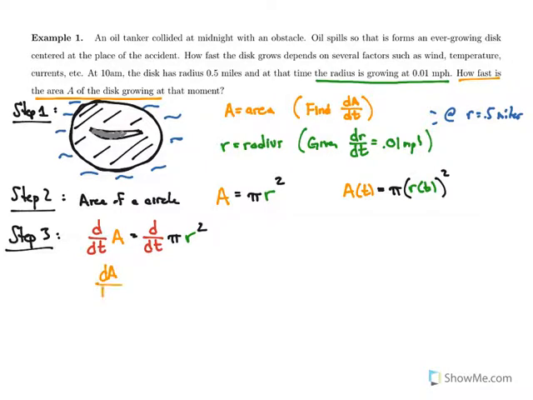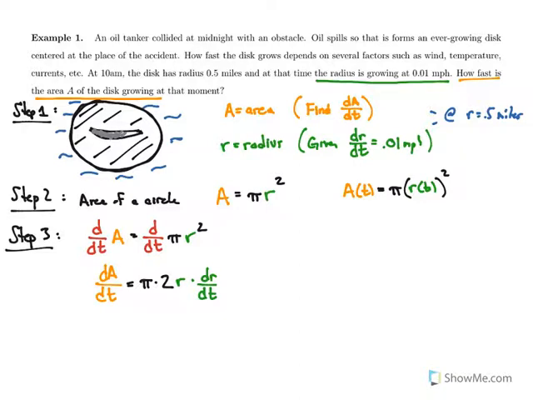That's what the derivative of A means. That's what we're looking for in this problem. And the derivative of pi r squared is going to be pi times 2r. And then you have to use the chain rule, so we have to multiply by the derivative of r.